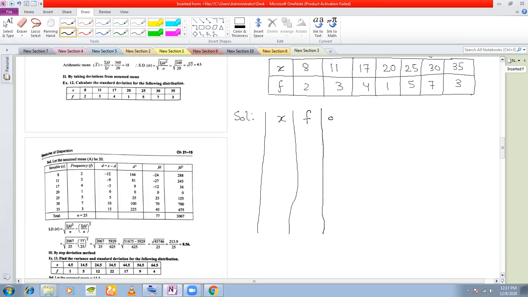Next we are going to make a column for deviations. X minus something. We'll see what something we will take. Next column that we are going to make is for D square. Square the deviations.